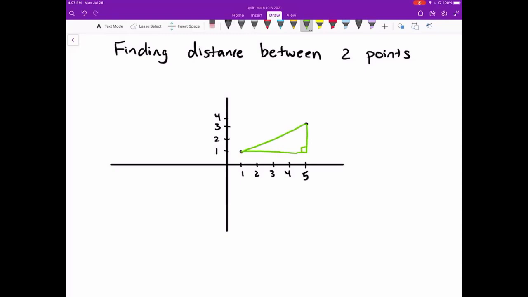The base of the triangle would be the difference in x between the 2 points, and the height of the triangle would be the difference in y between the 2 points. Then we can use the simple Pythagorean theorem and find the hypotenuse. So in this case, 3 squared plus 4 squared, and we square root that, and that gives us the hypotenuse, which is the distance.